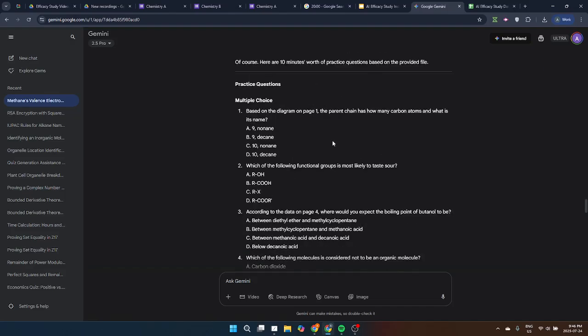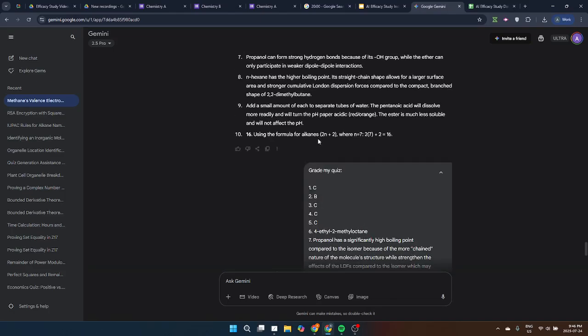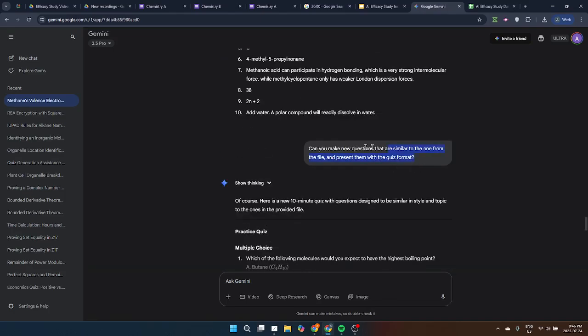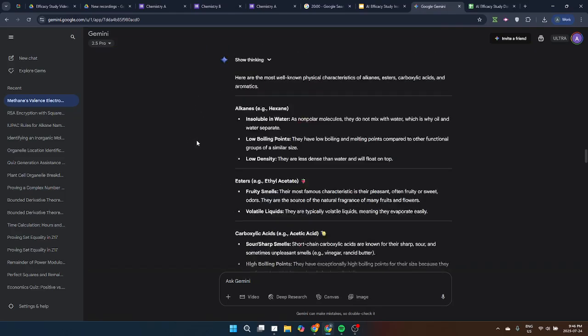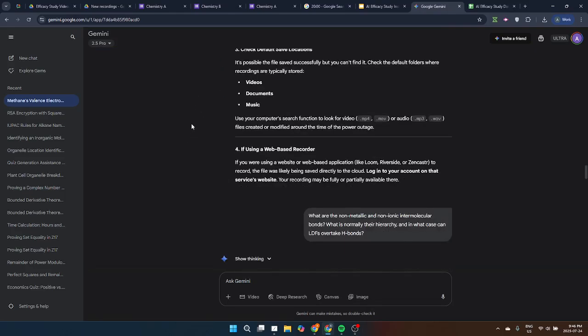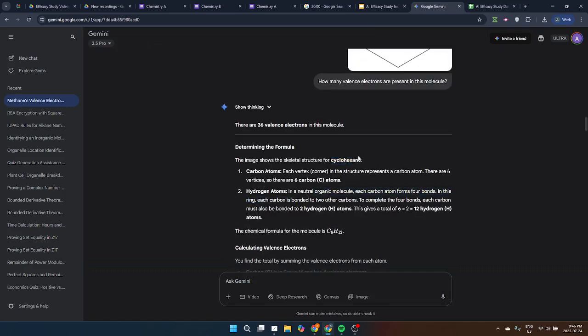Recall that we had some issues with the generation of the quiz. I had to feed it a custom prompt, make new questions, in order for it to correctly generate questions. Also it had some losses. For instance, it identified cyclohexane, right?